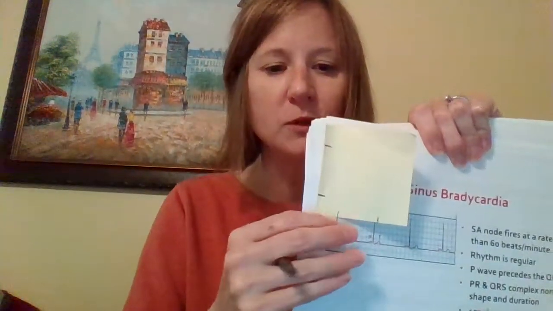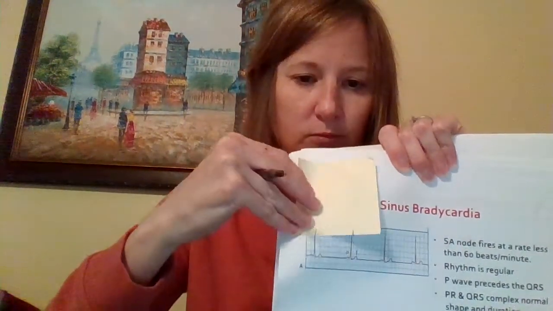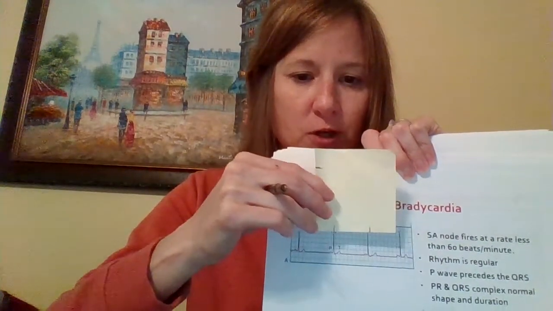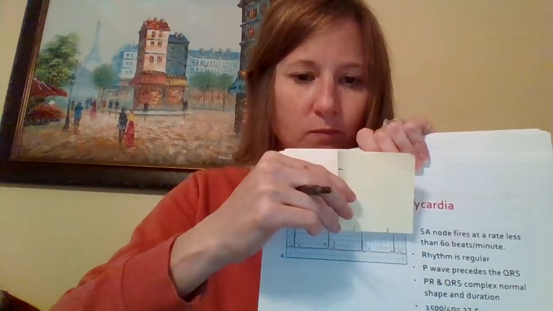Next, you would measure the PR interval, measure the QRS complex, and there's a T wave following each one. So you put your little Post-it note on the R to R, which is here, and then you measure each one. And okay, so that is a regular rhythm.